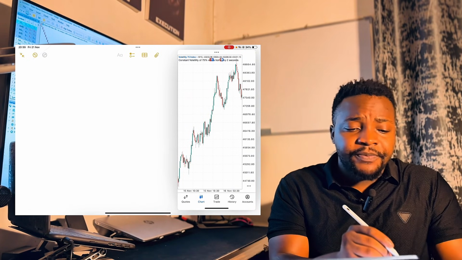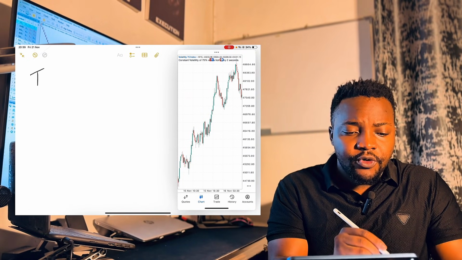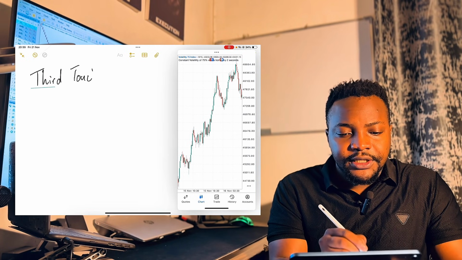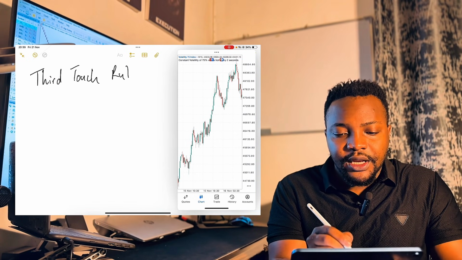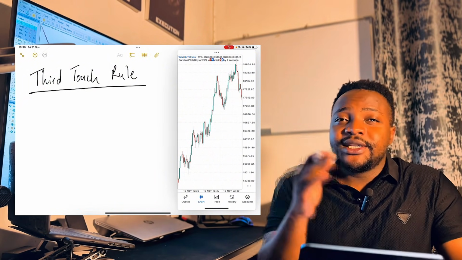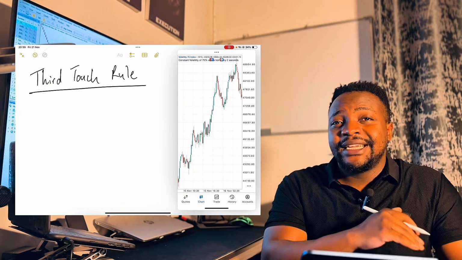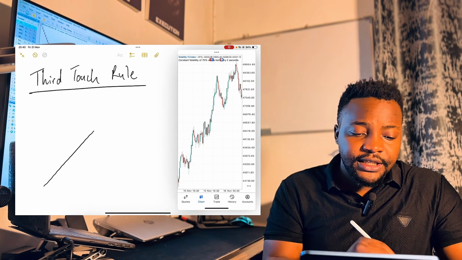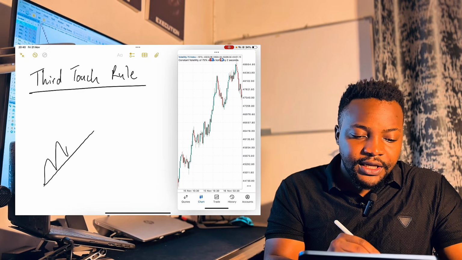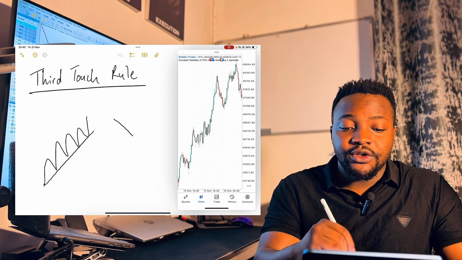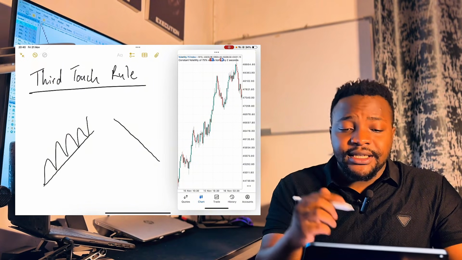So this strategy is called the third touch rule. I'm going to explain what it simply means. For you to understand the strategy, you have to understand trend lines. We have support trend lines, whereby the market will be bouncing while it's going up on that trend line, and we also have what is called a resistance trend line.